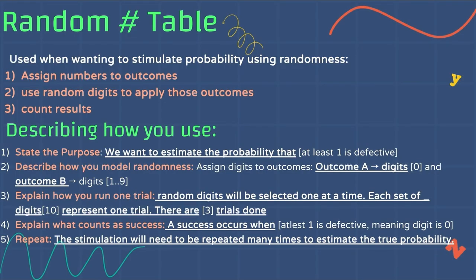There are blank trials done. Explain what counts as successes. A success occurs when, and then 5, repeat. The simulation will need to be repeated many, many times to estimate the true probability. So I included, based on the example we did, in the parentheses what we would input there.